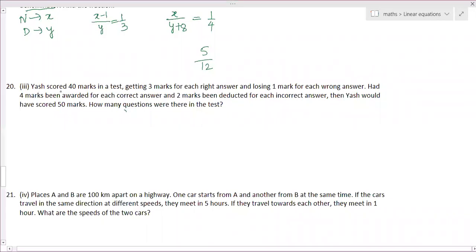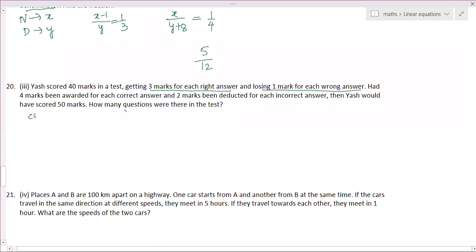Yash scored 40 marks in a test, getting 3 marks for each right answer and losing 1 mark for each wrong answer. How many questions were there in the test?